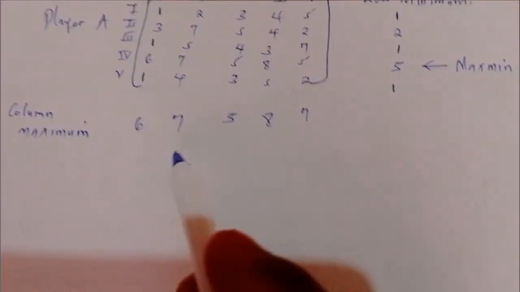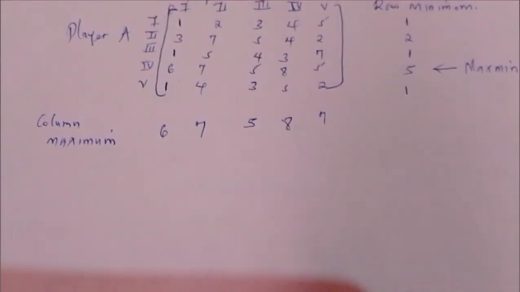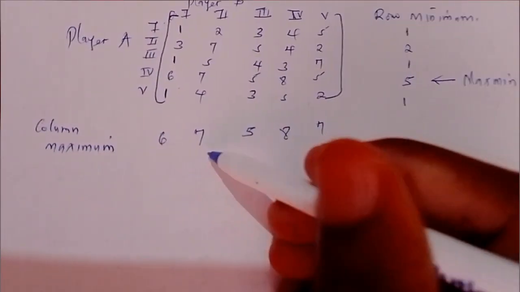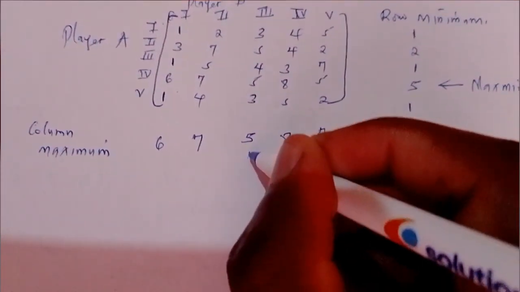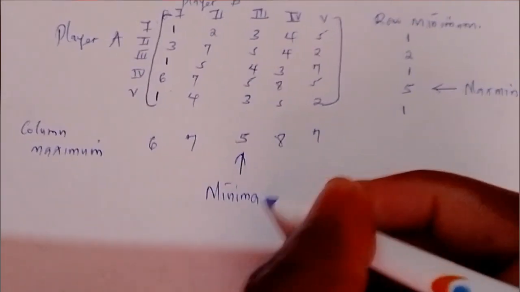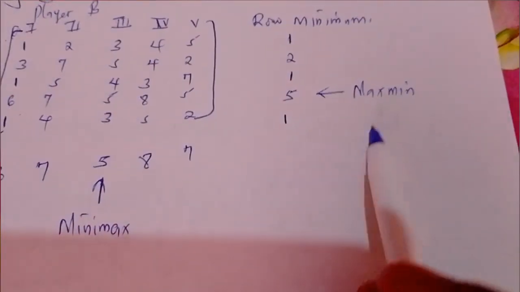The minimum element from these maximums, 6, 7, 5, 8, 7, is 5. So this is our minimax: the minimum element from the maximums, while the maximin is the maximum element from the minimums.